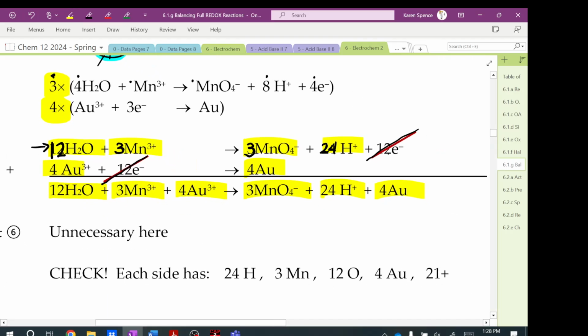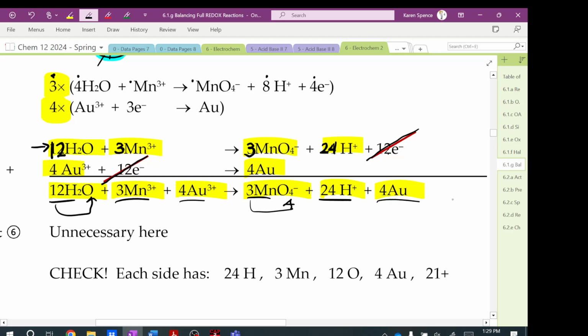You can check everything. You can say, do I have the same number of hydrogens? I have 24 hydrogens. I have 24 hydrogens. I have 3 manganese. 3 manganese. 12 oxygen. 3 times 4 is 12 oxygen. 4 gold, 4 gold.